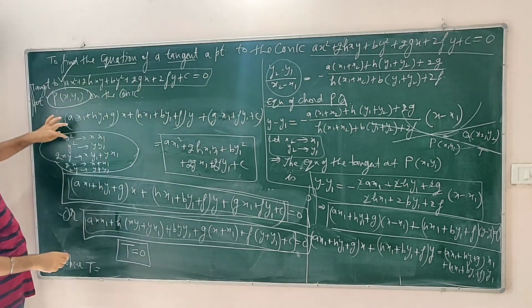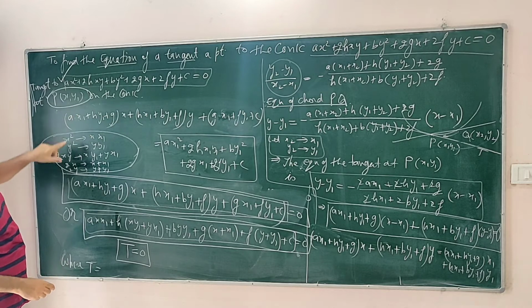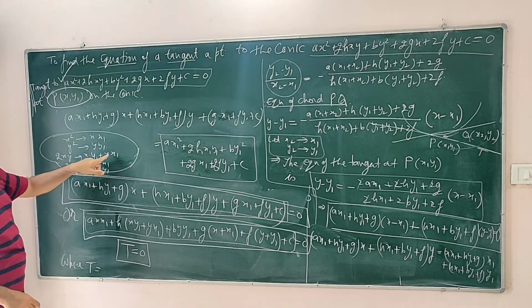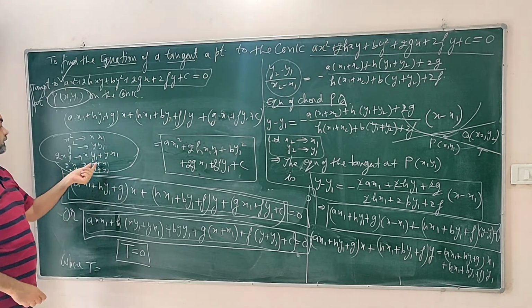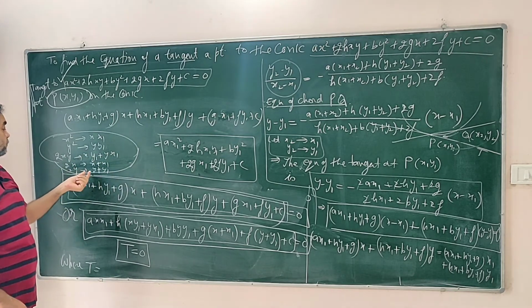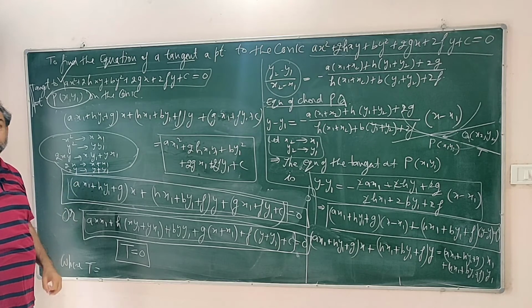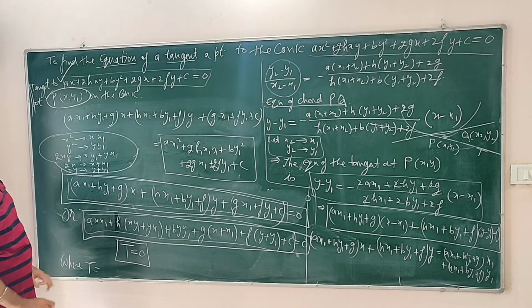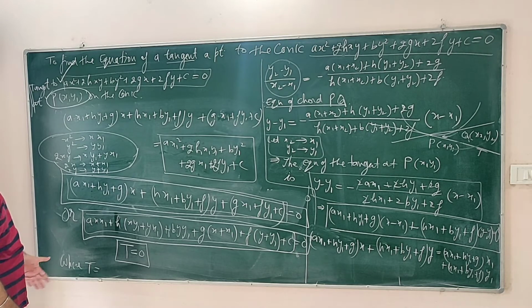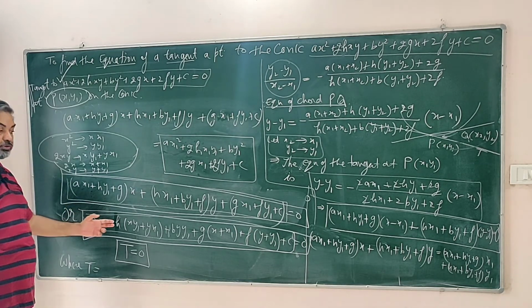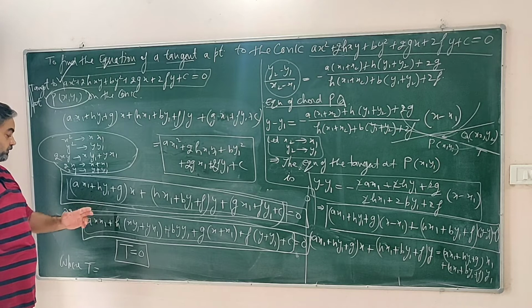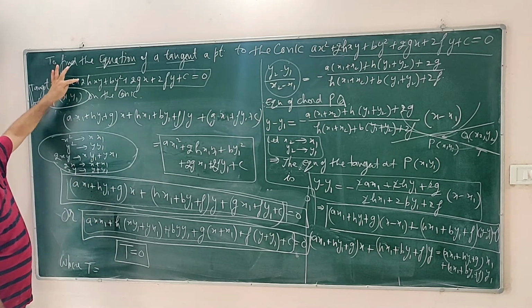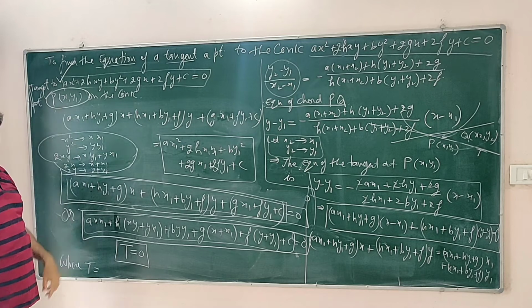In this equation, if you replace x square by xx1, replace y square by yy1, replace 2xy by xy1 plus yx1, replace 2x by x plus x1, and replace 2y by y plus y1, then we will get this equation, and this equation is the equation of the tangent to this conic at the point x1, y1.